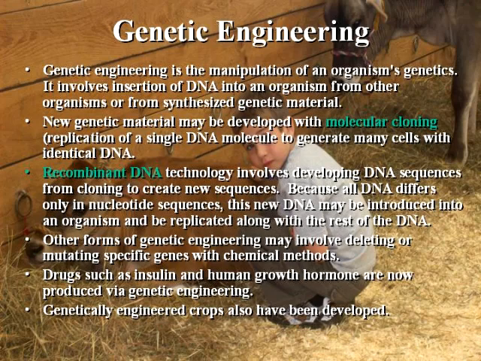So one technique that can be used to develop new genetic material is through a process called molecular cloning, where we replicate a single DNA molecule to generate many cells with identical DNA. Recombinant DNA technology can make use of this cloning technique to create new sequences of DNA.